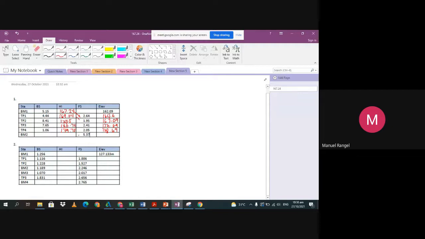So the elevation of benchmark 2, or the unknown, minus 5.37, 174.38 meters. So, that's how it goes in leveling.